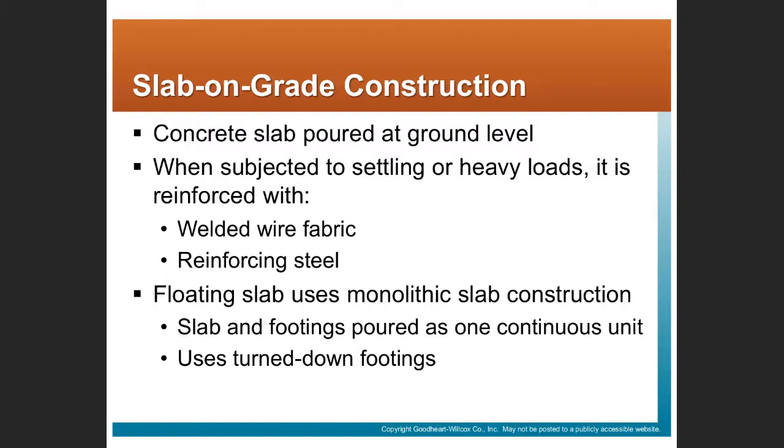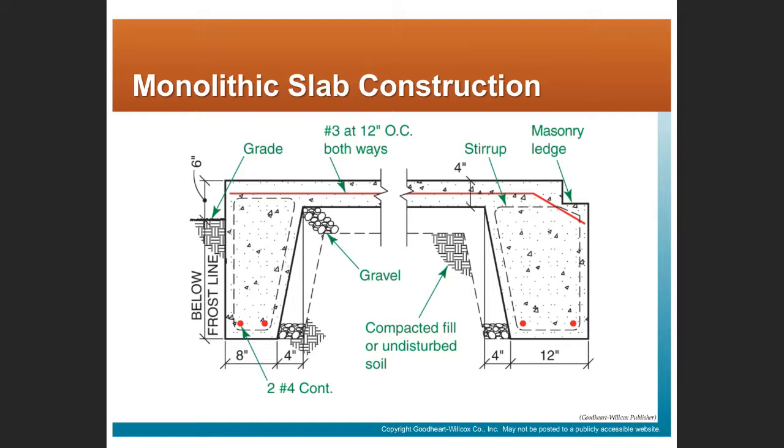In the case of a monolithic slab, the slab and the footing are poured as one continuous unit. It uses what are called turn down footings, and you can kind of see where the name comes from. This is figure 10-12, right? So you see in this case, the footing and the slab are poured as one unit.